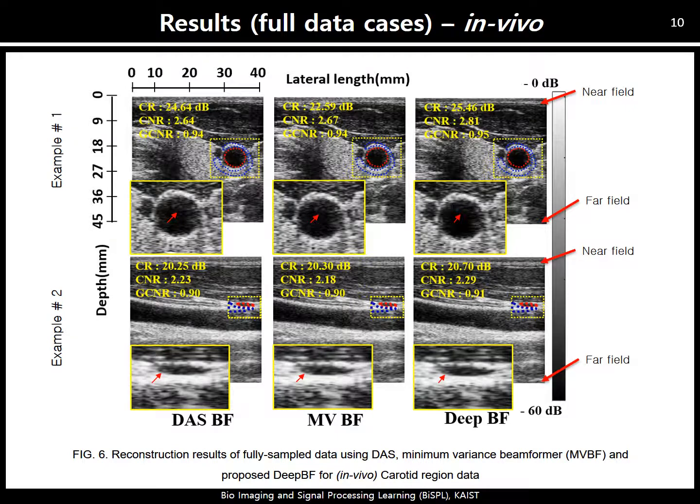So that's why GCNR is actually considered a much better performance measure. So that's why we emphasize it, and maybe in the later slides I will use GCNR as the main performance measure.